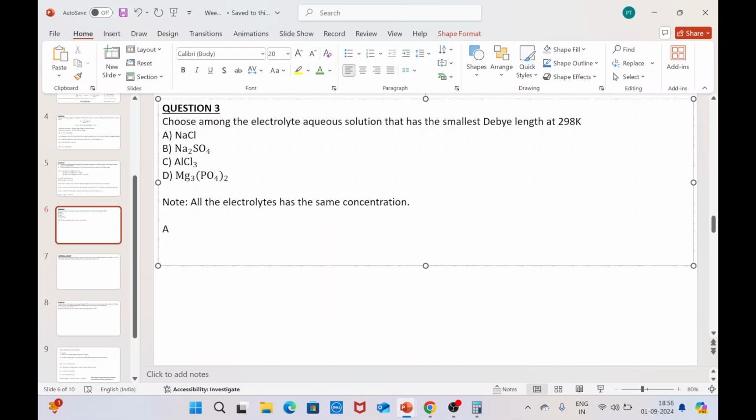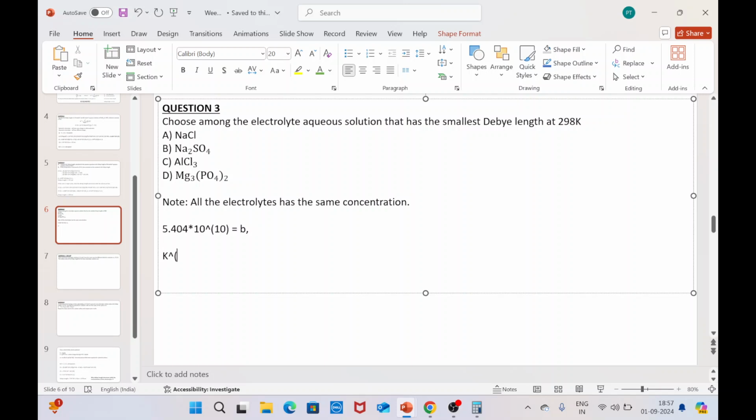Let's see the A option first. I'm going to keep that 5.404 as some constant b.